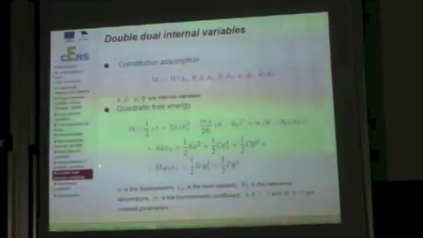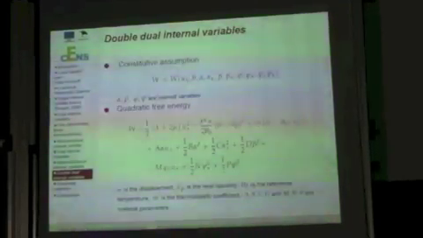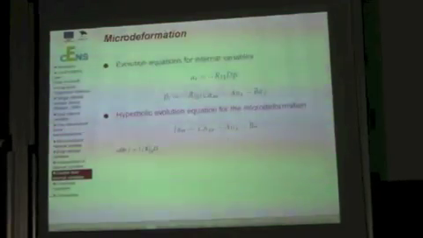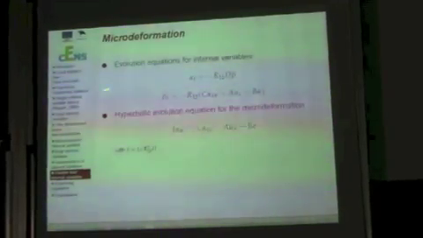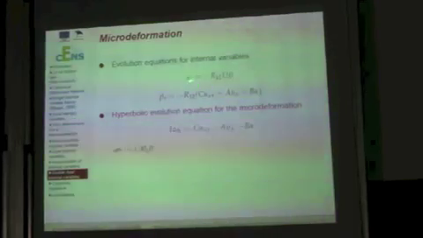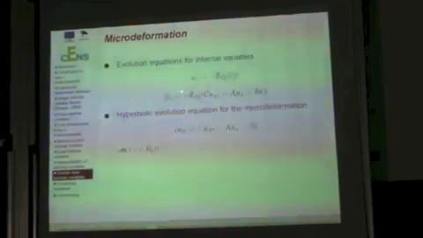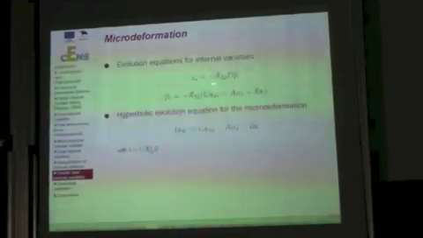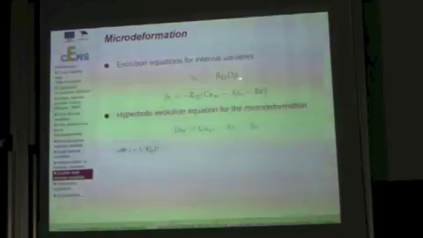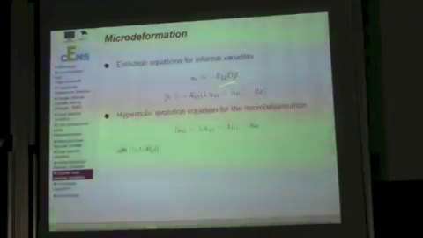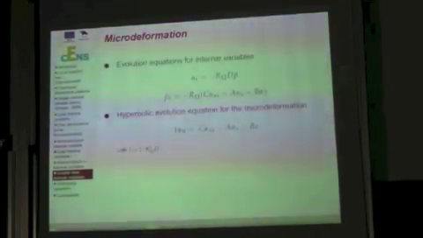What is bad is only the number of coefficients, but nevertheless we can obtain the evolution equation for the internal variable in the case of microdeformation. If we take the second time derivative of this, we have the first time derivative of this, and putting this one here, we obtain a hyperbolic evolution equation for microdeformation, and also we can define the microinertia.